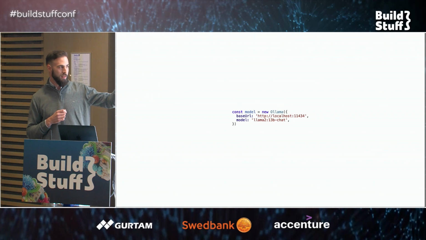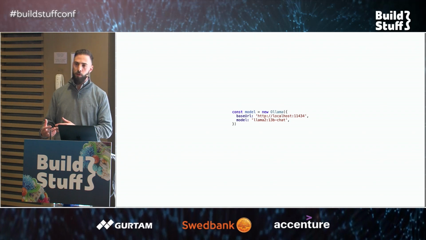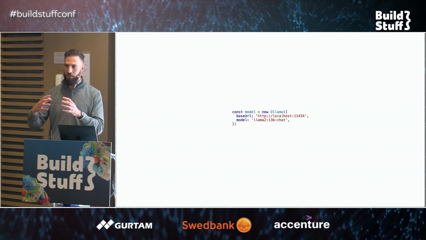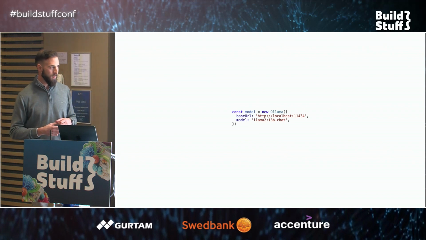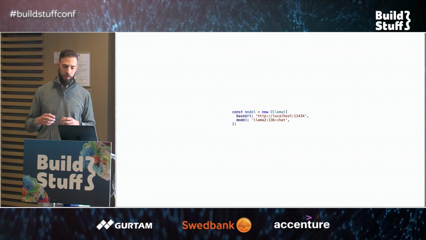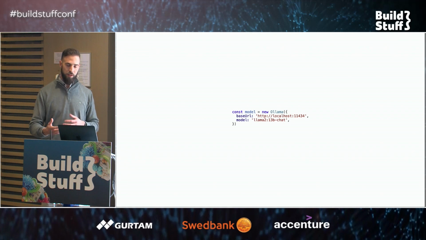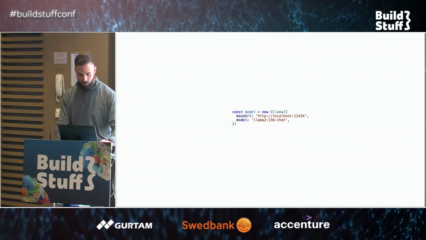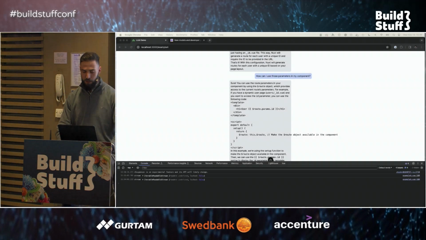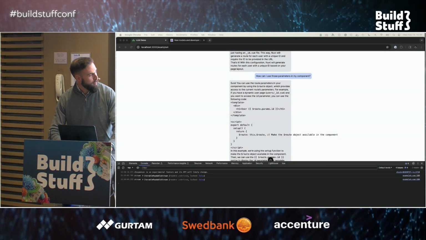It has this connection, because if I start Ollama on my computer, it runs this little API server, and then we specify the model. I'm going to use the medium-sized one. The 70B model is very capable, but I just don't have the resources to run it on my small computer. So let's try out how Llama 2 performs.